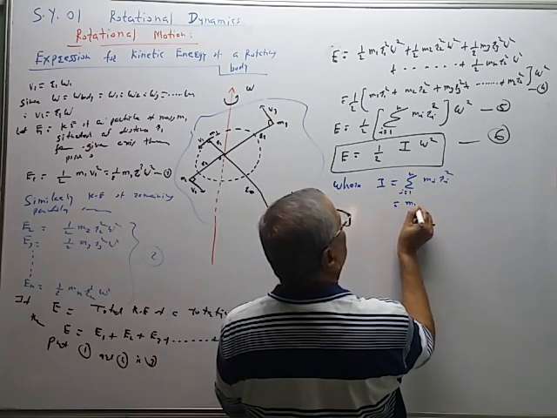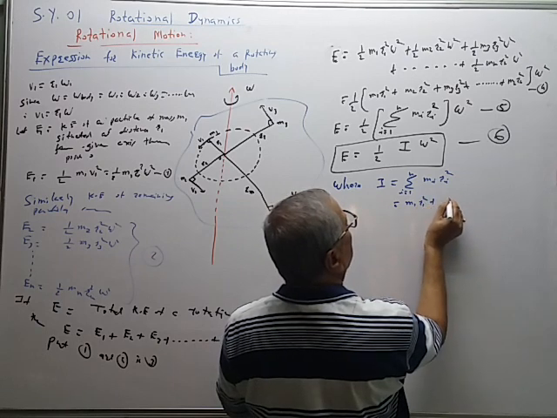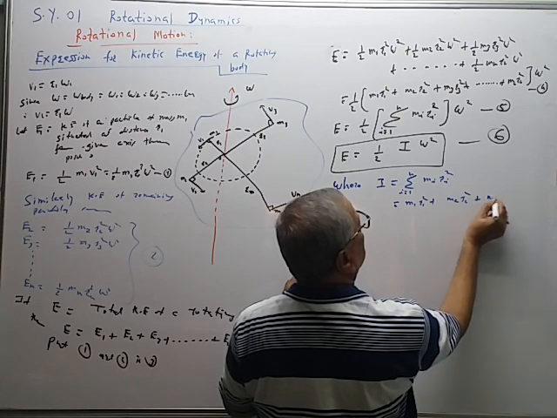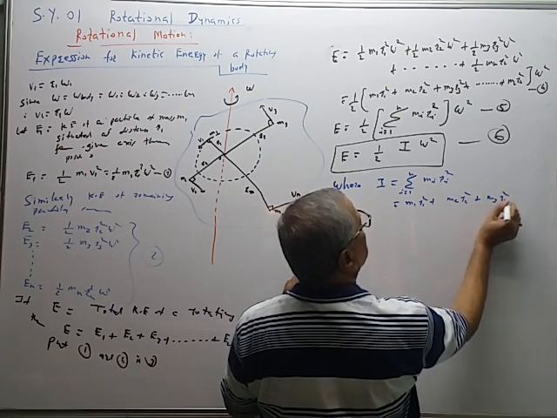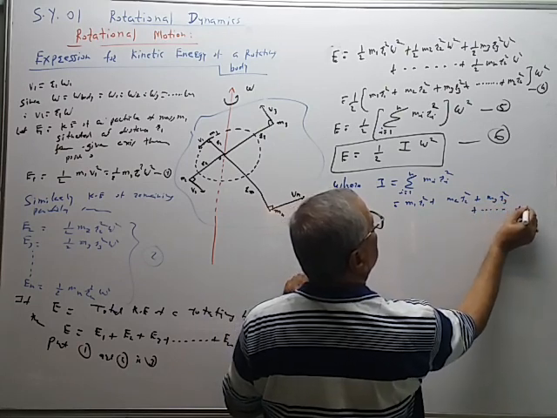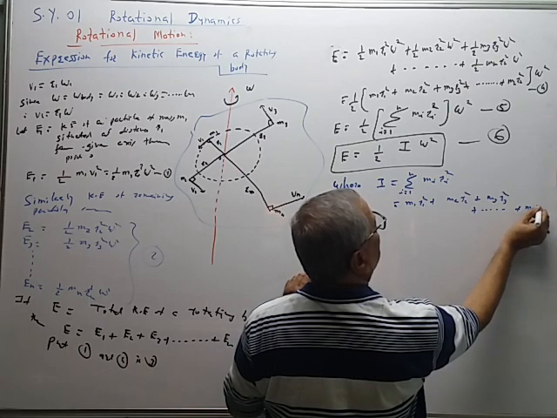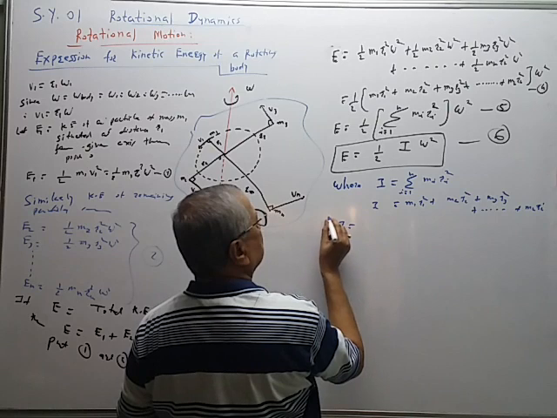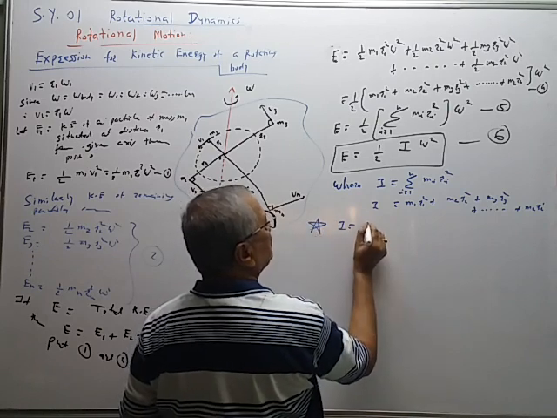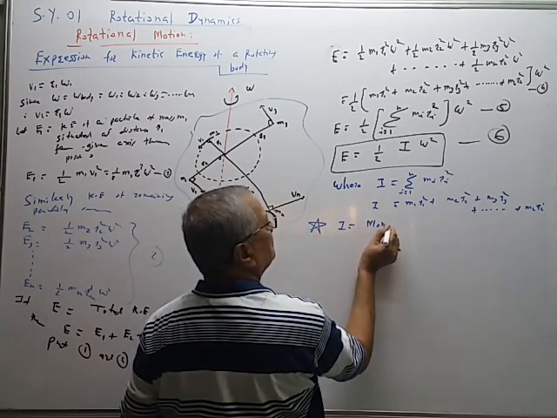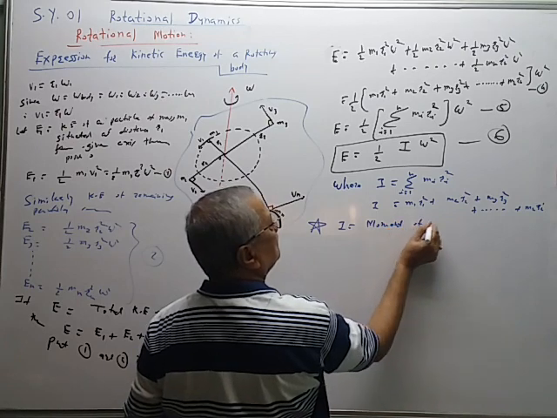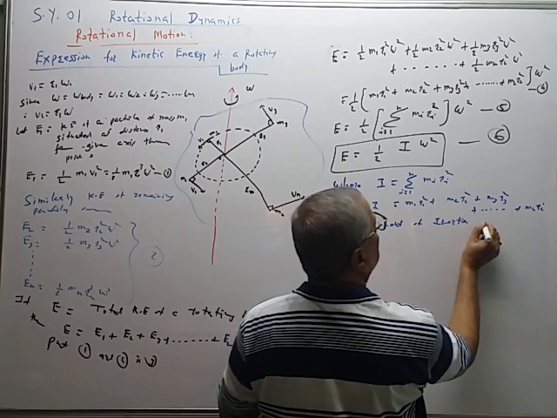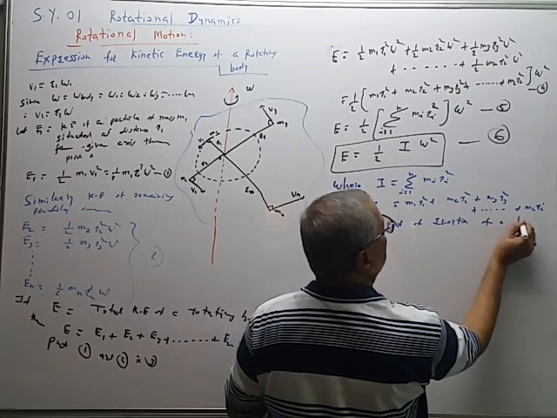It is equal to m1 r1 square plus m2 r2 square plus m3 r3 square up to mn rn square. This I is a completely new quantity for us. It is called the moment of inertia of a body.